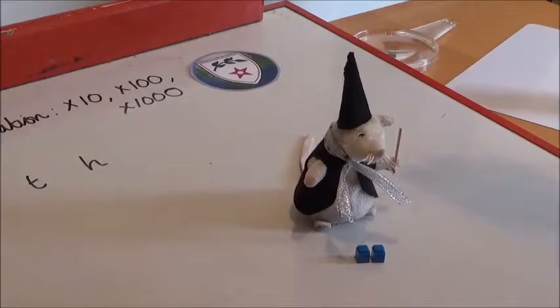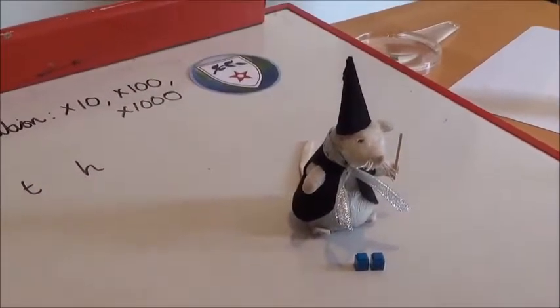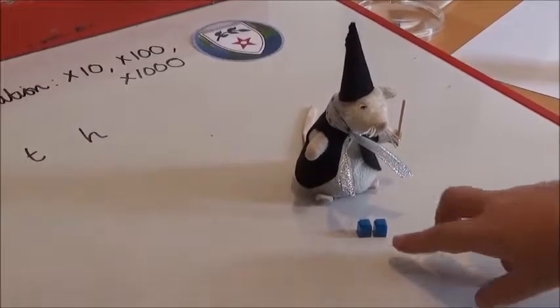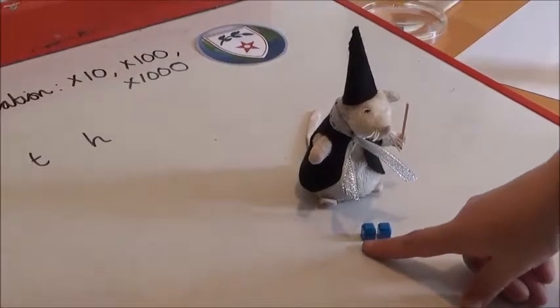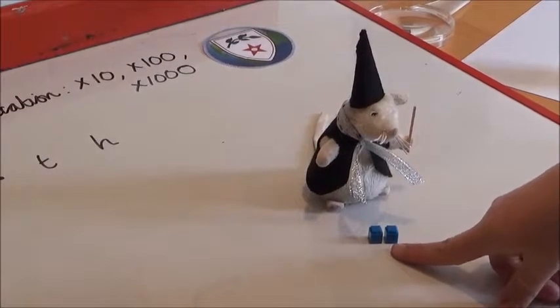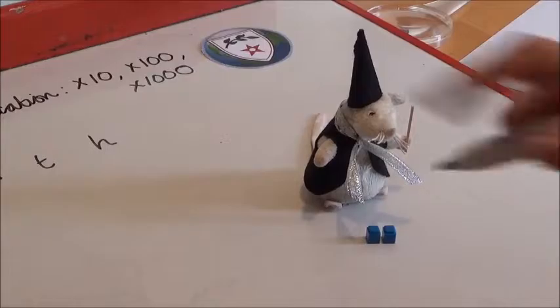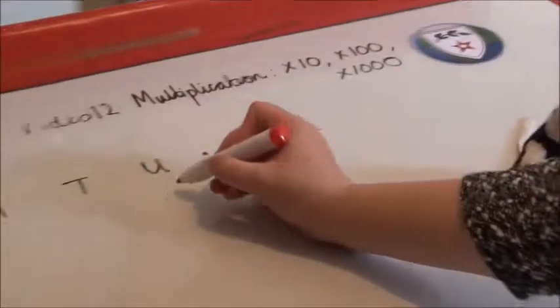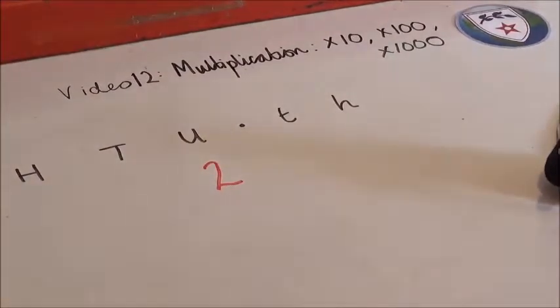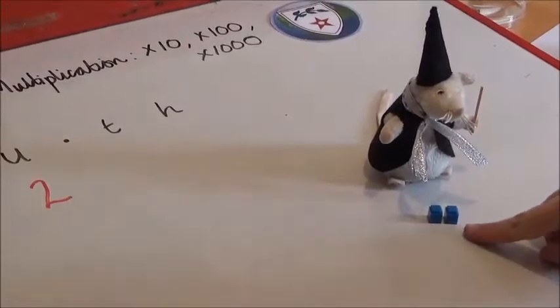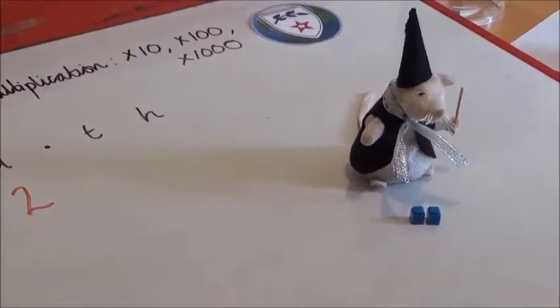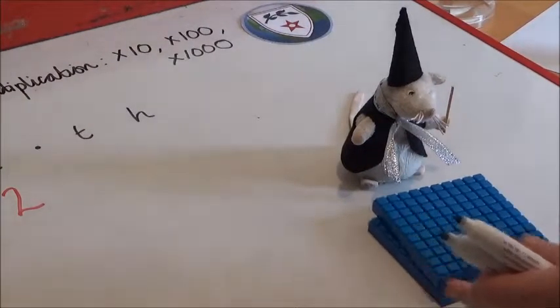So now we're going to be looking at timesing by 100. So if Merv magically times each one of these so that they grew 100 times bigger, 2 units over here, 100 times bigger, so each one of these grows into 100, would be the same as 200.